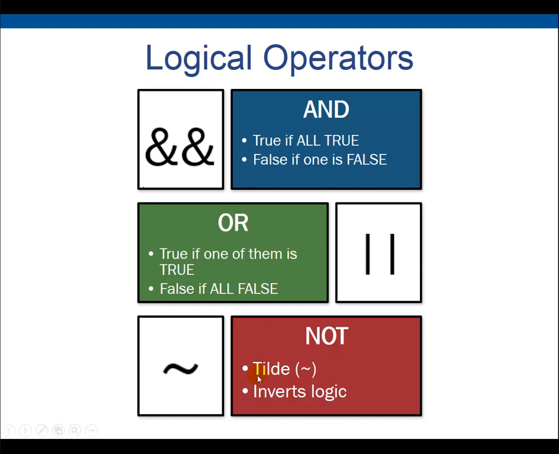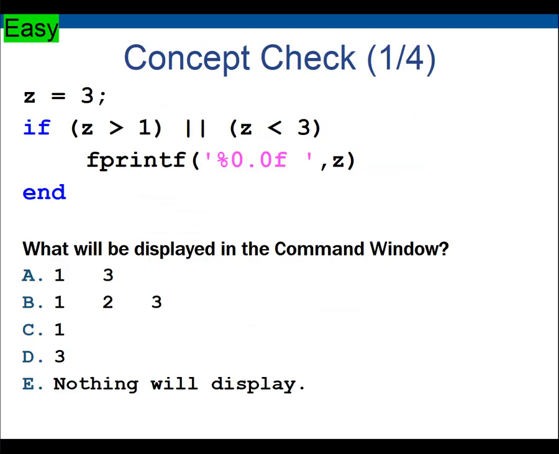The NOT operator is a tilde, which means if the condition is true, then the system will tell you it's false. If it is false, then the system will tell you it's true. So it's inverted logic. Let's look at the examples. We have z contains 3. If z is greater than 1, or if z is less than 3, which one is true?